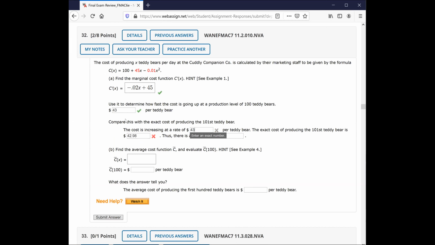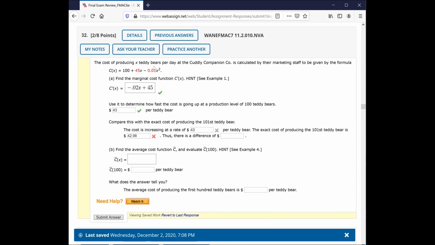The exact cost of producing the 101st teddy bear is, you have to put 101 into this function up here.